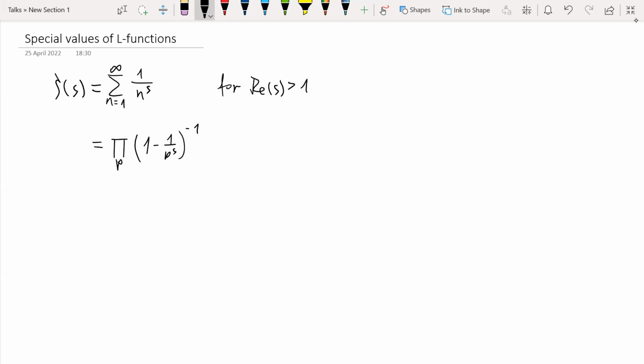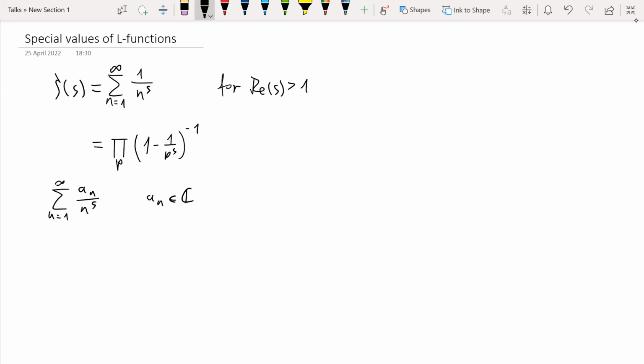And the class of functions which are very useful for that are the Dirichlet series. So those are series of the form sum of a_n over n to the s, again over the same bounds, where the a_n are some constants which belong to the complex numbers.